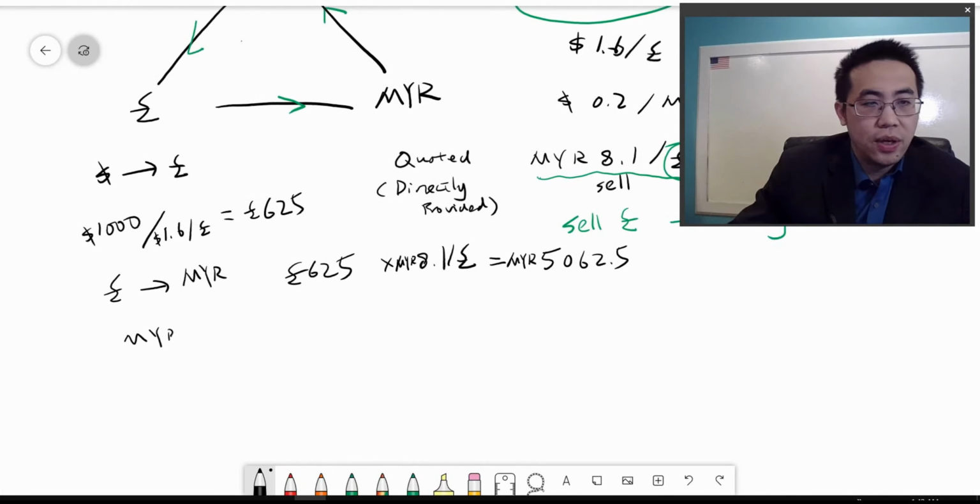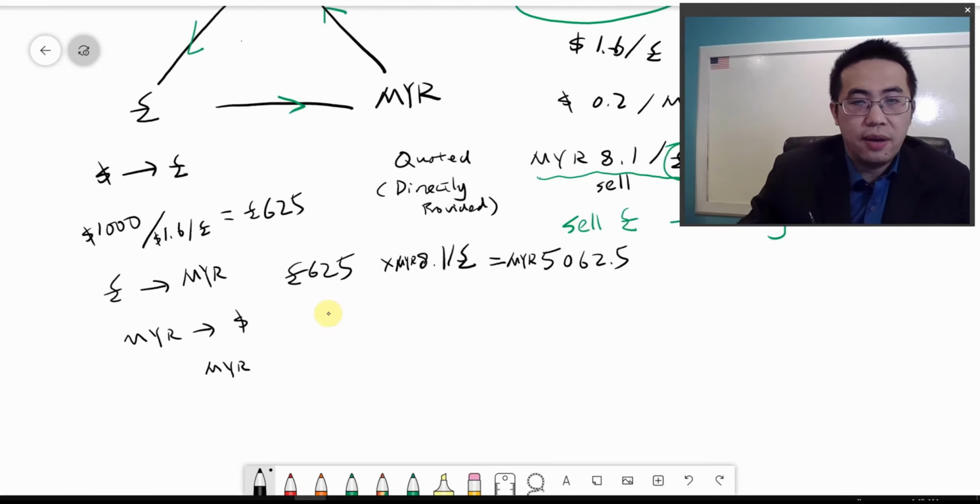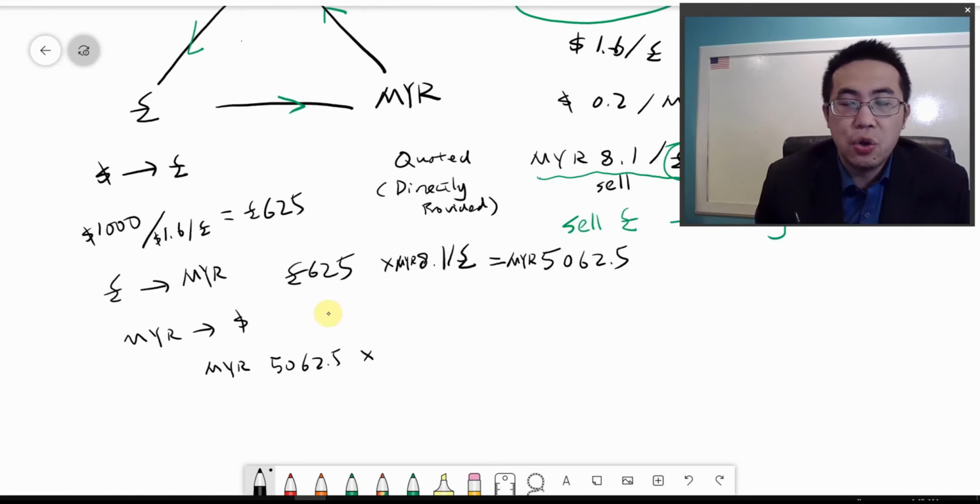All right, and the very last step is to get the ringgit back to US dollars. So you are selling ringgit and you have the direct quote. When you sell foreign exchange, you multiply by the direct price. If there's a bid, you use the bid, not the ask.